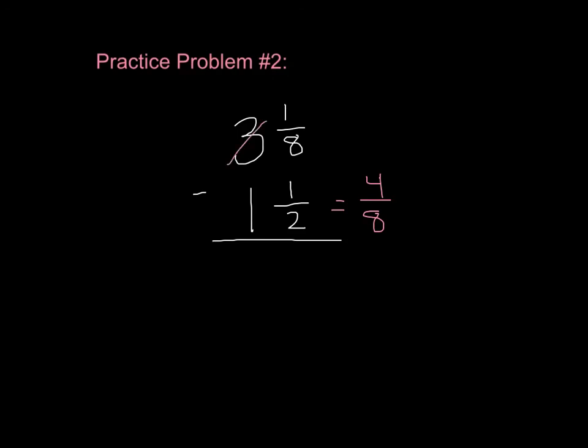I'm going to subtract a whole number, make it 2, and add 8 to my numerator to make it 9/8. 9/8 subtract 4/8 is 5/8, and 2 minus 1 is 1. So my answer to this problem is 1 5/8.